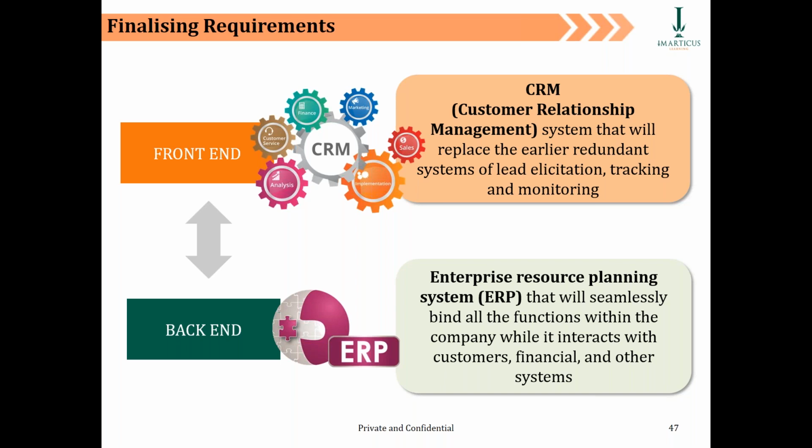Could be Oracle, could be SAP, could be anything that seamlessly binds all the functions within the company, Mumbai Communication, in terms of its interaction with customers, other systems, financials, etc. And when I say functions within the company, that often refers to sales, procurement, financials, business intelligence, customer relationship, and so many other processes which form the backbone of the ERP part.